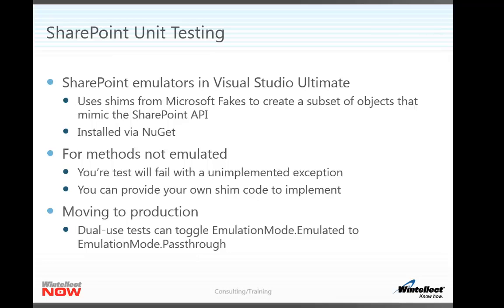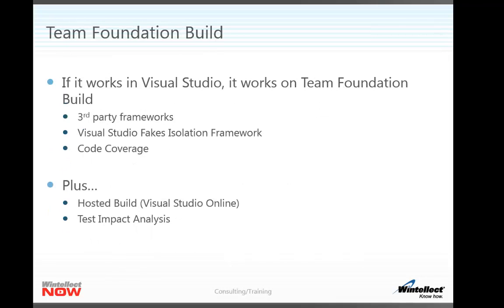When you're ready for your unit test to run against a real SharePoint environment, as opposed to the emulators, all you do is change the emulation scope from EmulationMode.Enabled to EmulationMode.Passthrough. You can also use things such as data-driven unit test initialization code, or preprocessor directives to automate which emulation mode to use.